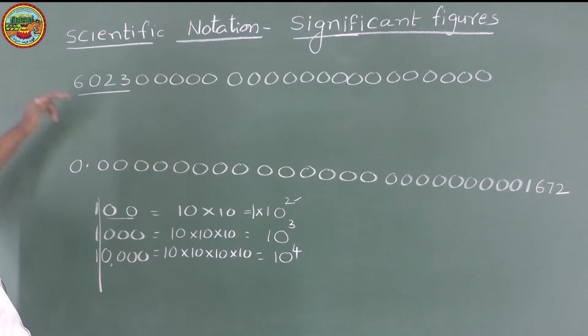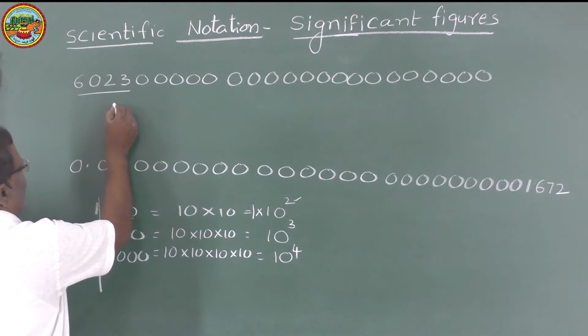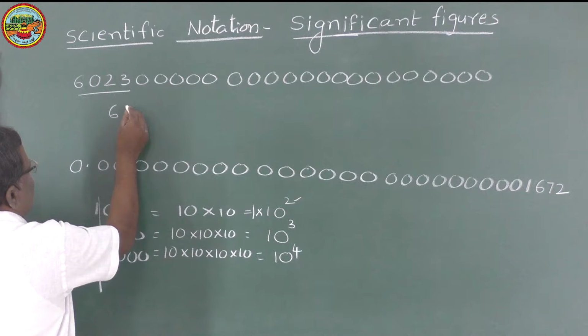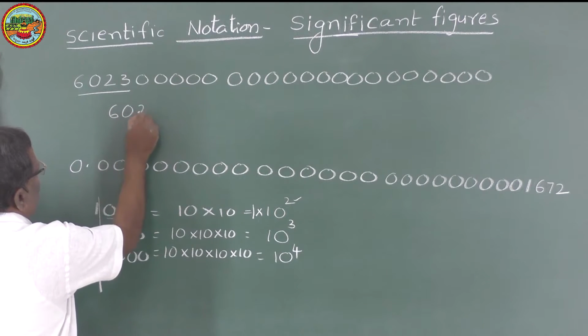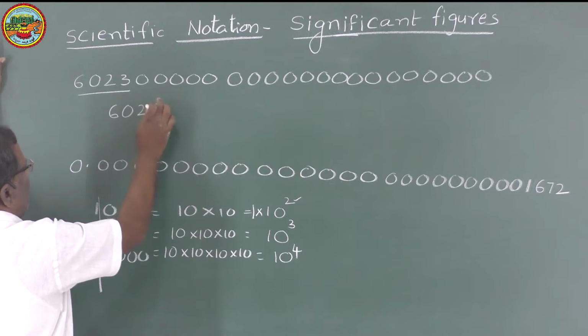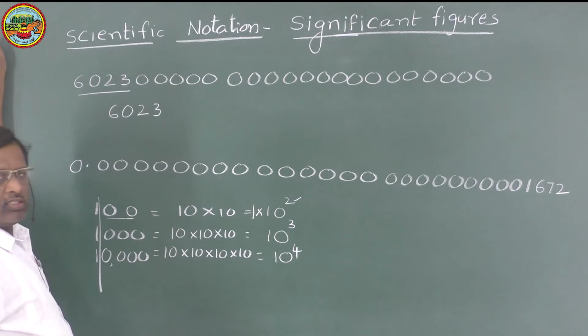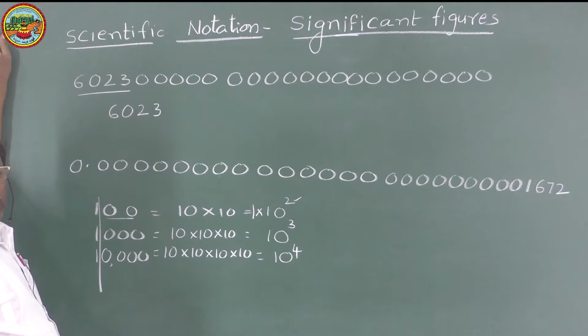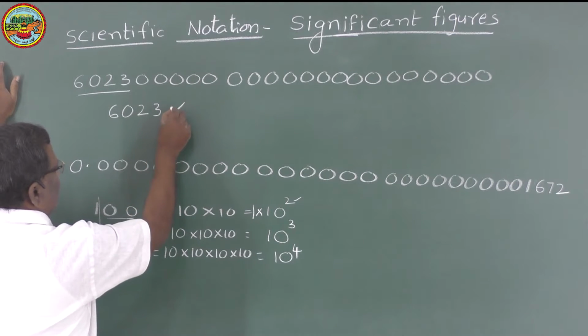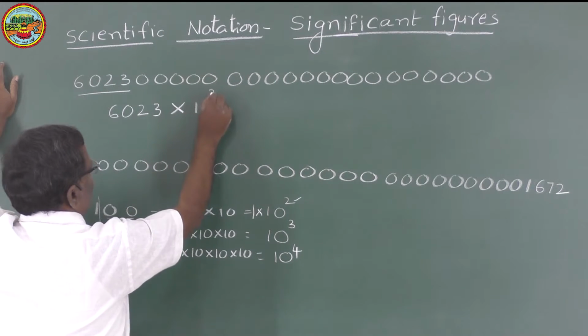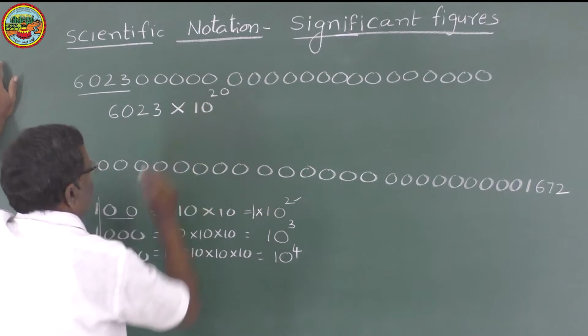So this number can be expressed in a scientific manner as 6, 0, 2, 3. After 3 we have 20 zeros. So this can be expressed as 10 to the power 20.